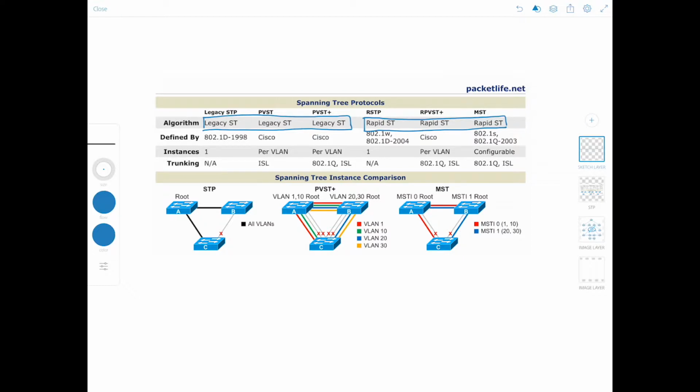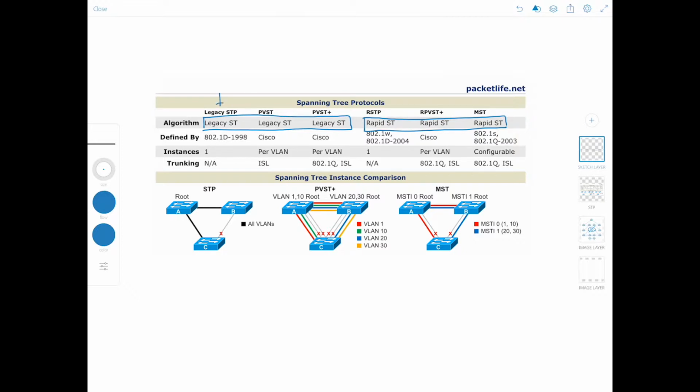So the first version is the legacy spanning tree protocol, which is the original specification of the spanning tree protocol defined in 802.1d. And this version is sometimes referred to as common spanning tree, or CST, because it assumes one spanning tree instance for the entire switched network, regardless of the number of VLANs.